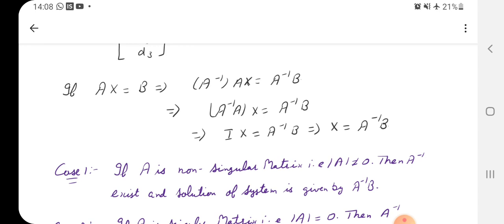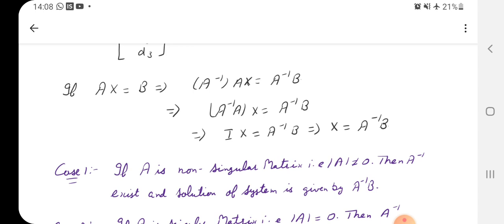So you will get identity times X equals A inverse B. Now you all know that the identity element times some element gives the same element, so the identity matrix times some matrix will be the same matrix.